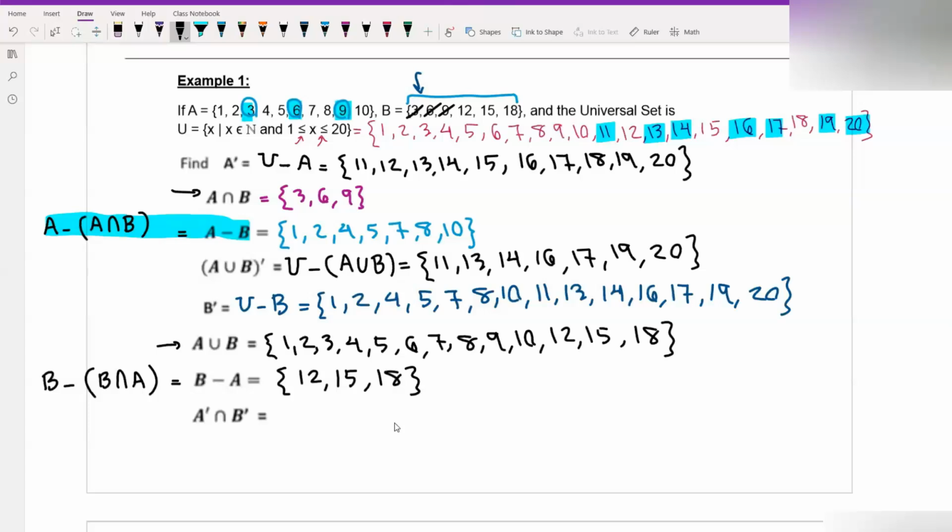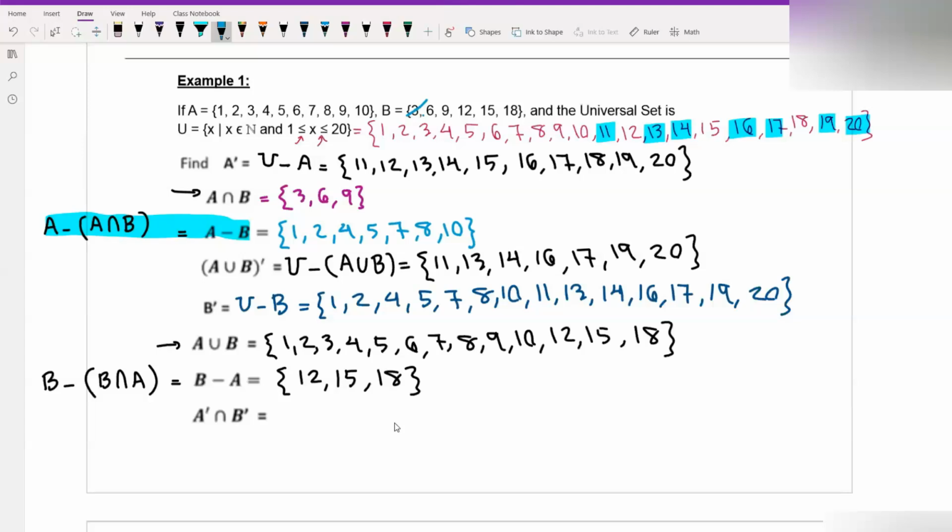If you didn't use that method, but try to subtract A from B, you have to work this way. The members that we have inside A, we have 1, but we don't have that in B. 2, we don't have that one in B. 3, we have that one. 4, we don't have in B, so we're not able to subtract. If you don't have the member in B, you're not able to subtract it, obviously.